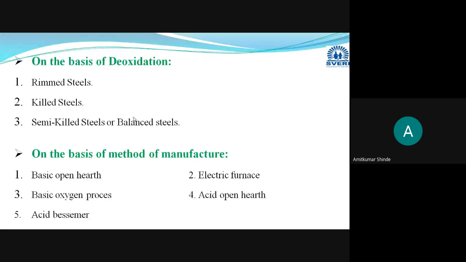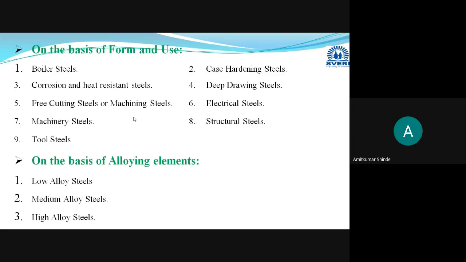Then we have seen the classification of steels on the basis of deoxidation, then on the basis of methods of manufacturing, in which the classification is done on the basis of which furnace is used during manufacturing of that particular steel. The next classification is done on the basis of their different forms or direct applications, and names are given depending on that.